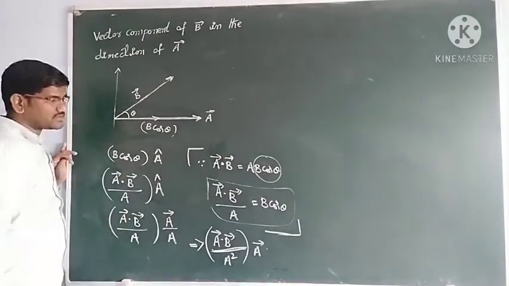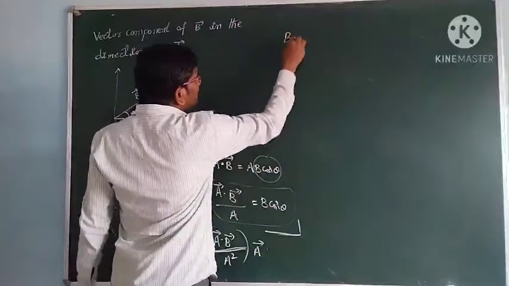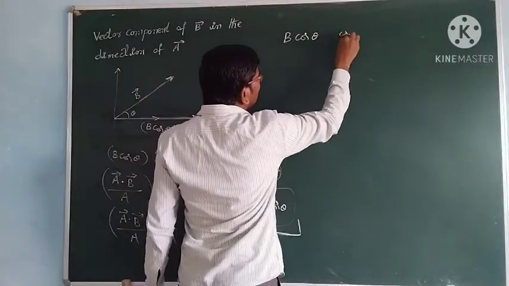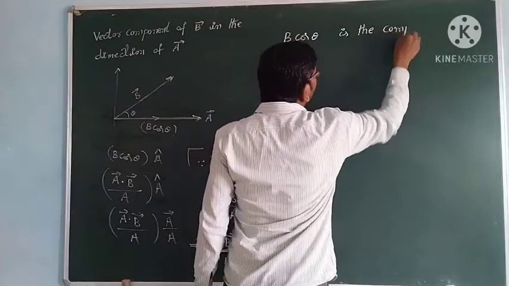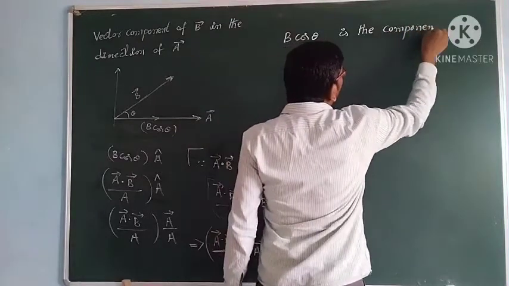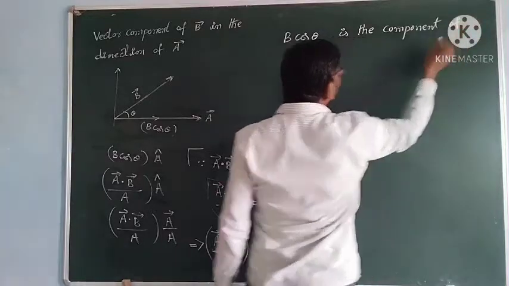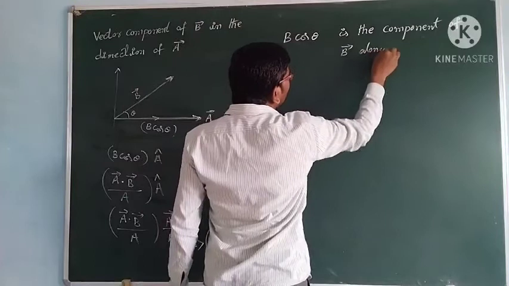Okay, students. So clearly remember here, students, B cos theta is the component of B bar along A bar.